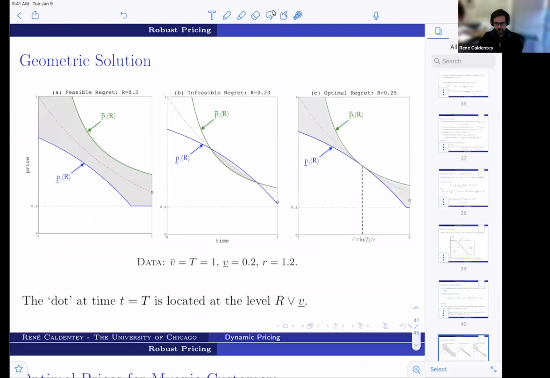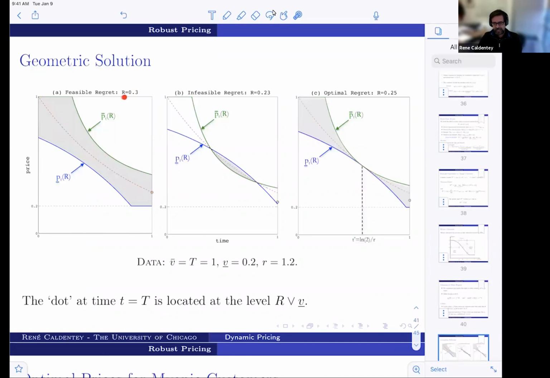And so I'm going to plot this in this graph. This is the upper bound, P capital R. This is the lower bound when I set R equal to 0.3. Any price trajectory in this region will have a valuation regret and a delay regret that is bounded above by 0.3.